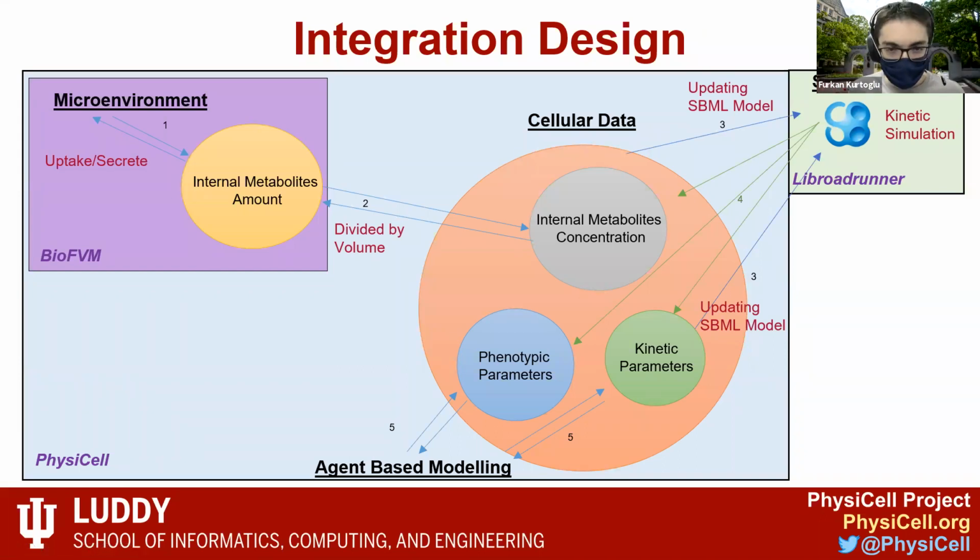As an integration design, let's look at the purple and blue part. We have the microenvironment and we have the uptake and secretion. They are internalizing metabolites as an amount, and this is the BioFVM part. When we go to the PhysiCell part, the cells have their phenotypic parameters, and they can also have kinetic parameters, which I will explain.